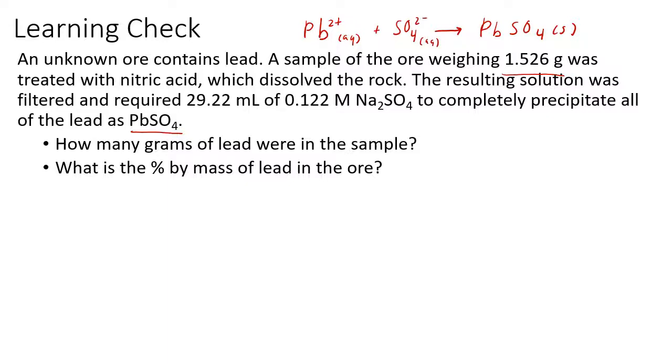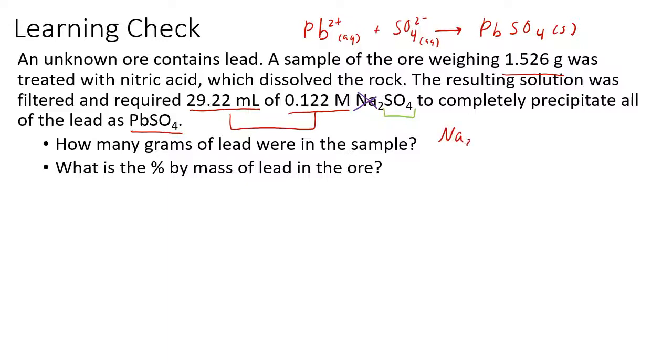The sulfate anions would have come to us in the form of the solution sodium sulfate. In this example, the sodium just happens to be a spectator ion, so we don't need to worry about that. But we do know the molarity, 0.122 molar, and the volume, 29.22 milliliters, of our sodium sulfate solution.